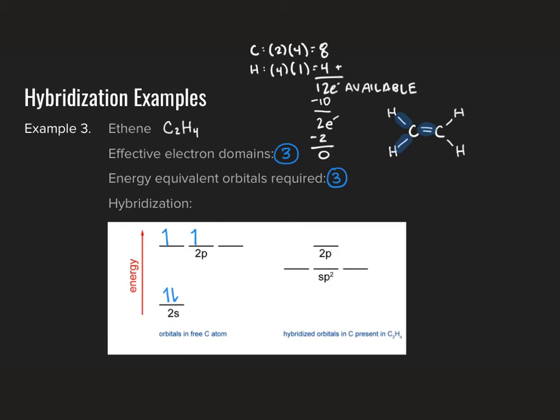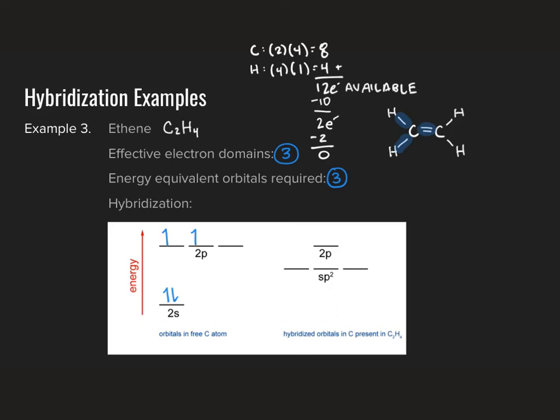And additionally, I'm going to be making 3 energy equivalent orbitals with which to make my 3 sigma bonds, but I only have 2 singly occupied 2p suborbitals currently available to make those bonds.